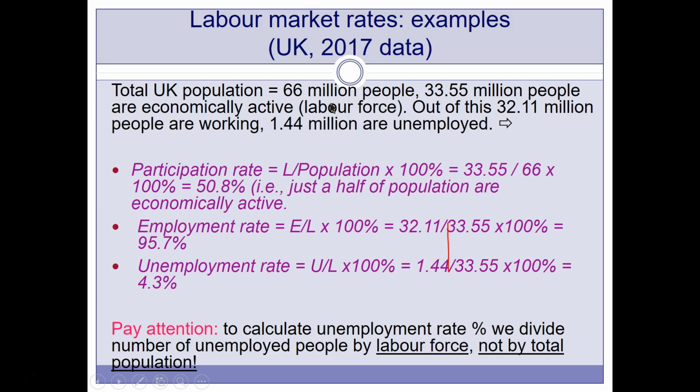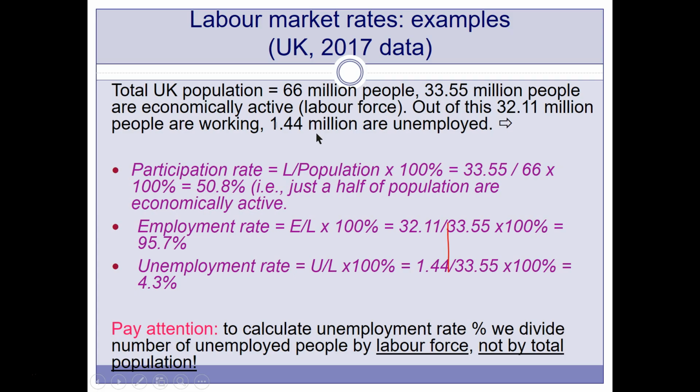So in the UK, our total population is 66 million. 33 million out of those are economically active. In other words, this is our labor force, 33 million out of 66, so it's about half of the population. Out of these, 32 million people are working and about 1.5 million are unemployed.